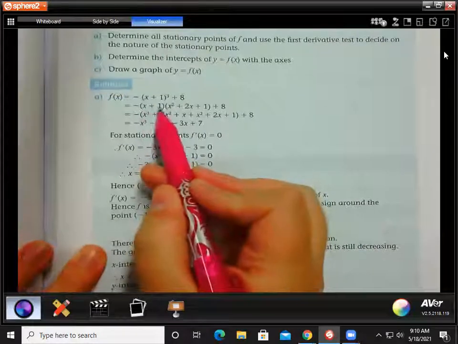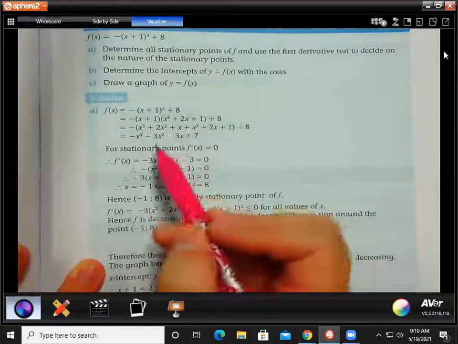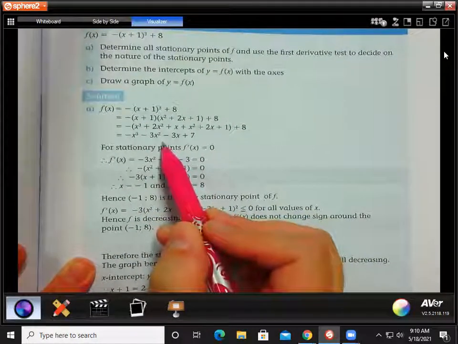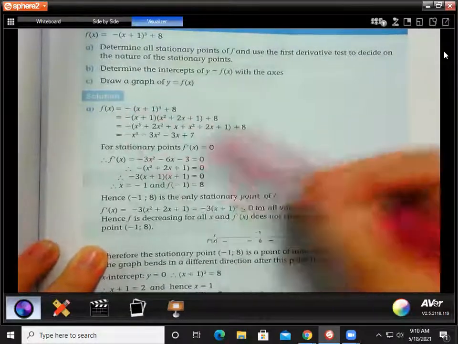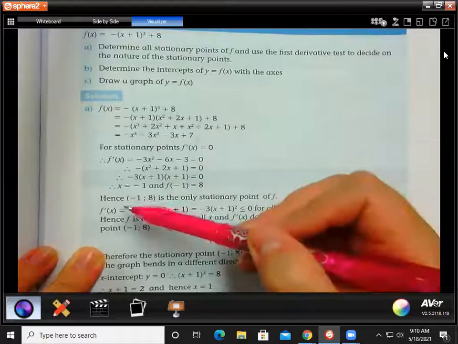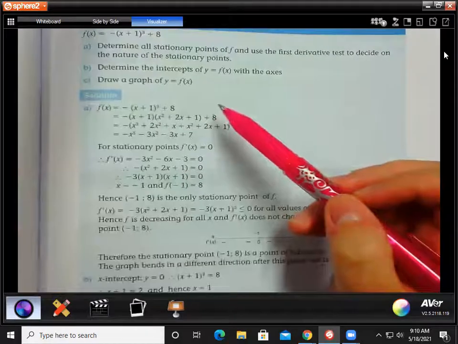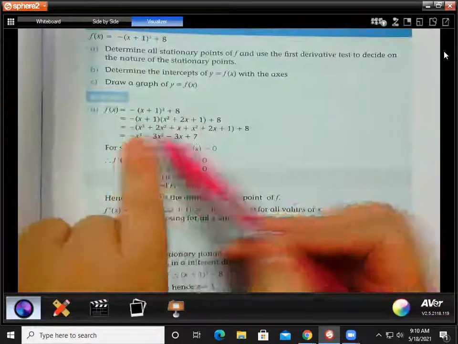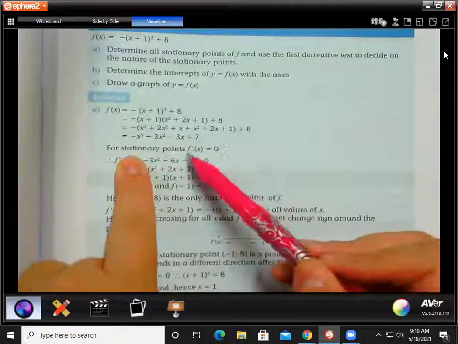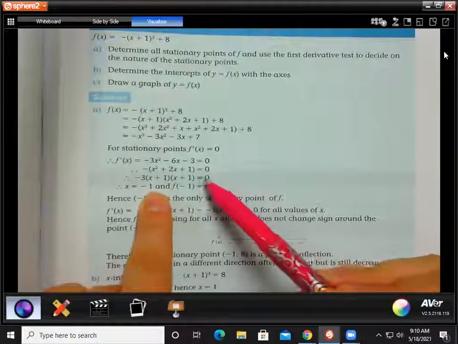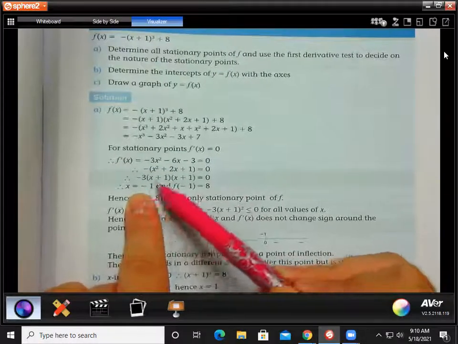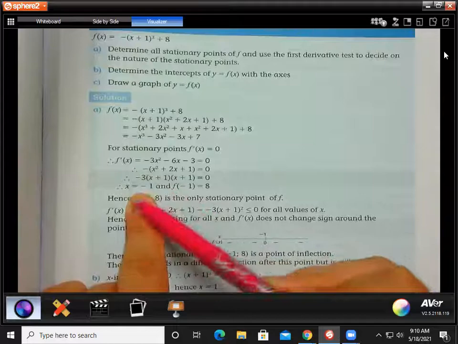All right, so for the stationary points, what are we doing here? Oh, they multiplied it out, sorry, obviously. All right, so you would have to multiply it out before you find the derivative. Remember in core, that's what we do when we derive stuff. We need separate terms. Then you make the derivative equal to 0, and you solve for x. All right, so here they're only getting one x value when they're finding the stationary point.